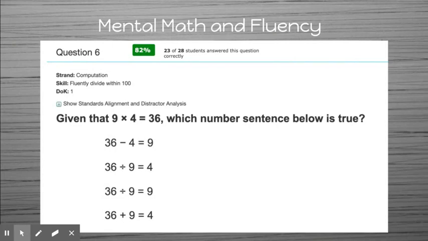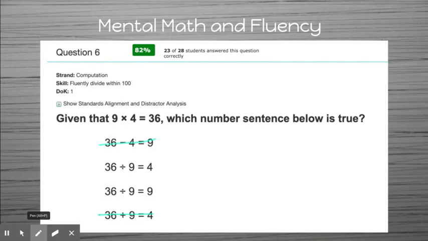So automatically when I think about this, I know that multiplication and division go together. So my first thing would be I would get rid of 36 minus 4 equals 9 and 36 plus 9 equals 4. First of all, those aren't even true. It doesn't work. Then what I'm left with is 36 divided by 9 equals 4, and 36 divided by 9 equals 9.